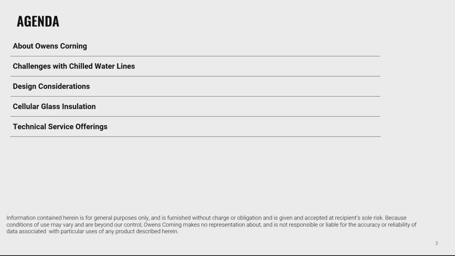We'll then discuss some design considerations you may want to consider when designing your own insulation system on said chilled water lines. Then we'll introduce cellular glass insulation as a potential insulation material for use on these systems. And finally, we'll wrap things up at the end discussing some technical service offerings that we as a company can offer.